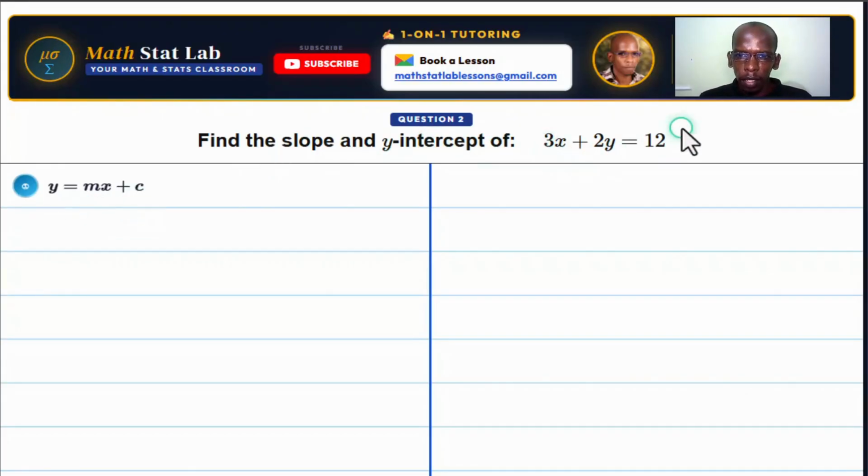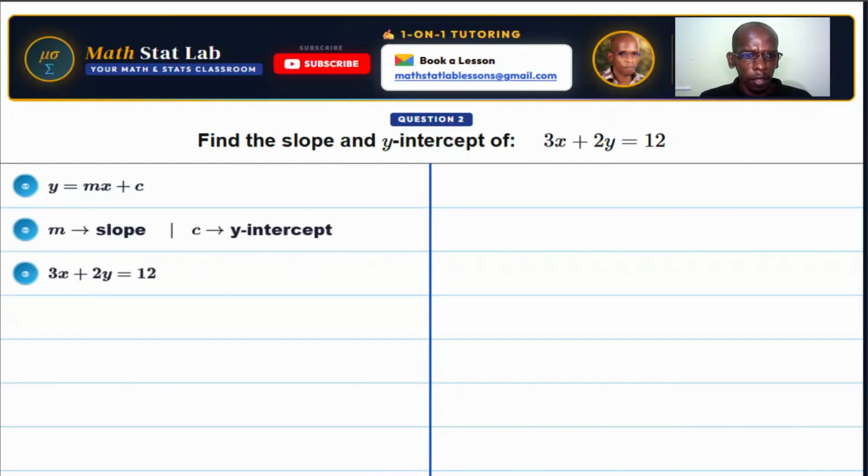So we need to force this equation to look like this. To do so, I just need to move this 3x to the other side of the equal sign. So now it becomes 2y is equal to 12 minus 3x. The reason being, here 3x was positive, and on the other side of the equal sign, it will be negative.